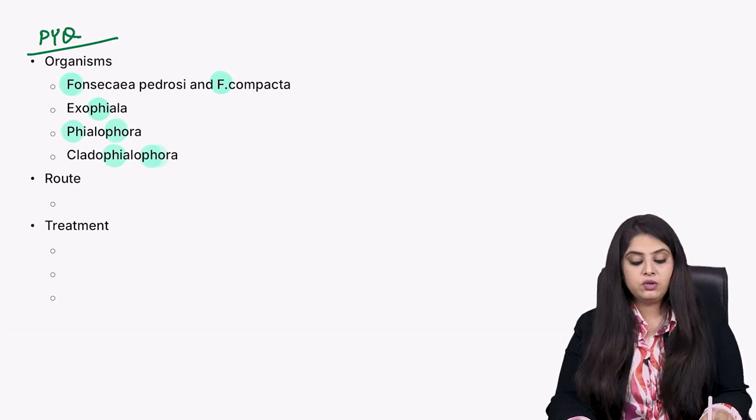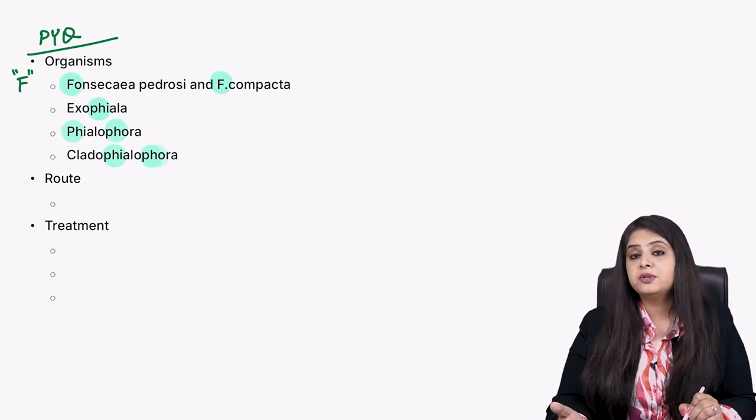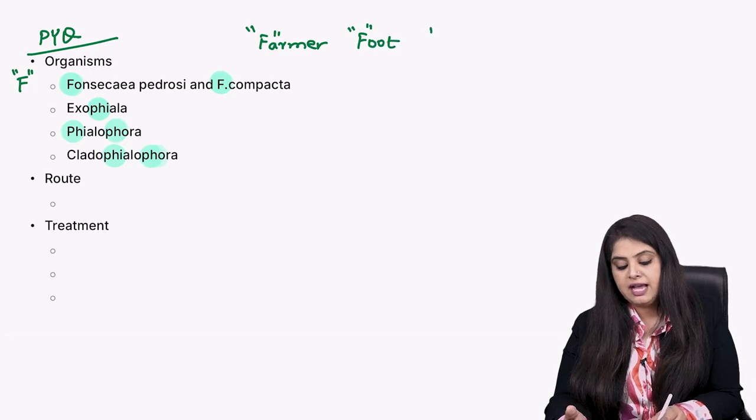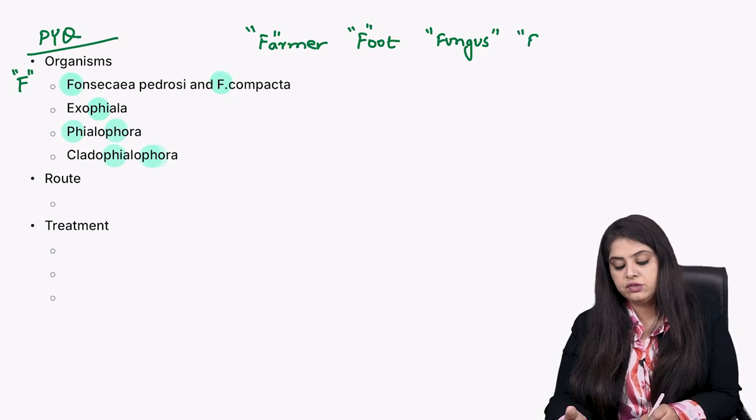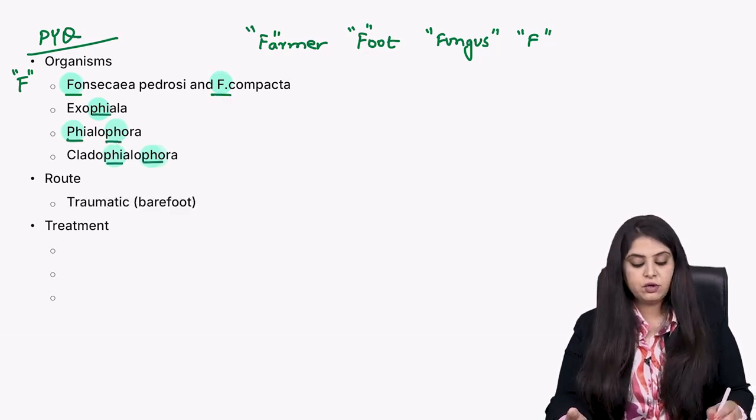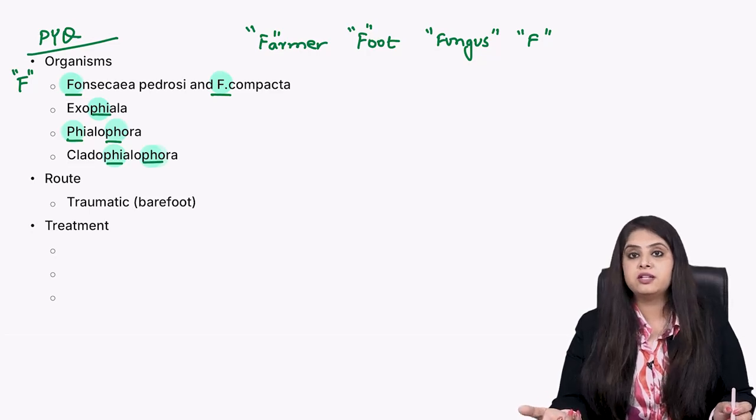What did I notice? All the F sounding ones are going to be seen in farmers who are walking barefoot. So all the farmers who are walking barefoot, this is going to be their foot getting involved. And which is the fungus which is going to be causing this disease? The fungus which is going to start with F, that is Fonsecaea ones, Exophiala, Phialophora, Cladophialophora, and this will obviously be a traumatic barefoot implantation.